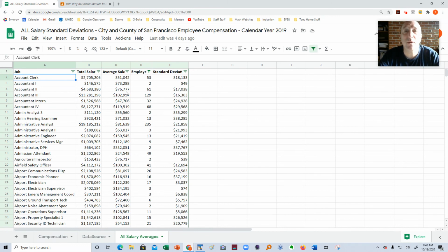Go take a look at those employees. I don't know what that job would be. Let's say it was a janitor. Let's go take a look at the janitor and see what their individual salaries are. And come up with some explanation for why the standard deviation is so different when the average is almost exactly the same. And that's it.